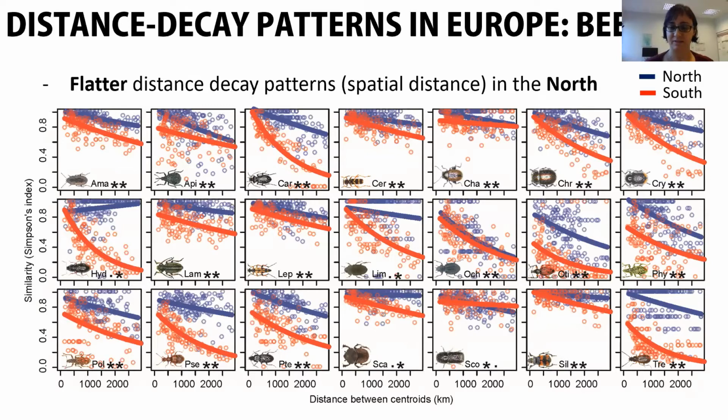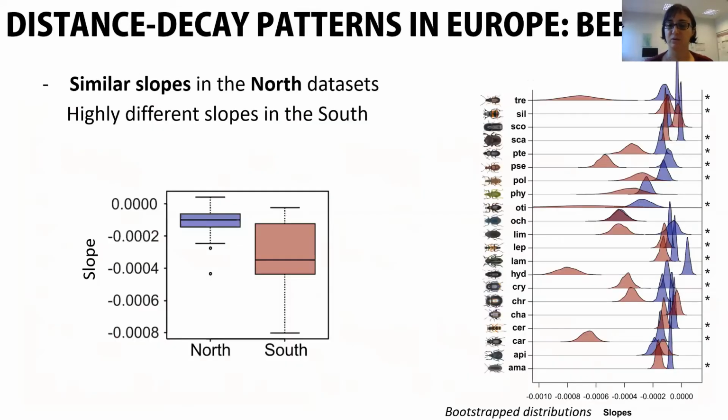So with these 21 different beetle taxa, we observed that the distance-decay patterns in the north were flatter, but not only that, they were also quite similar. The difference in the distance-decay patterns came from the differences among taxa in the slope in the south.